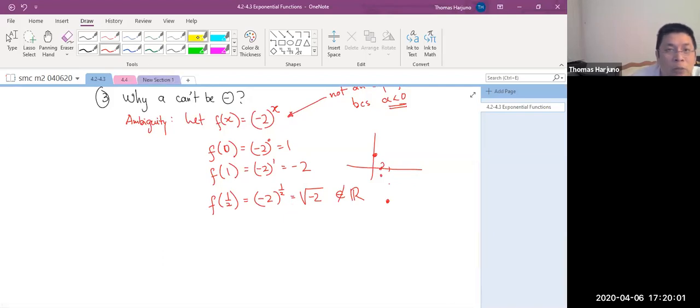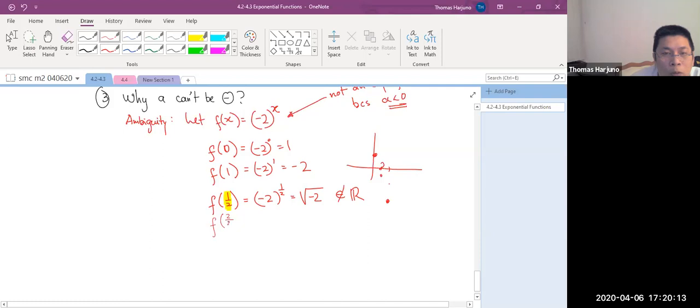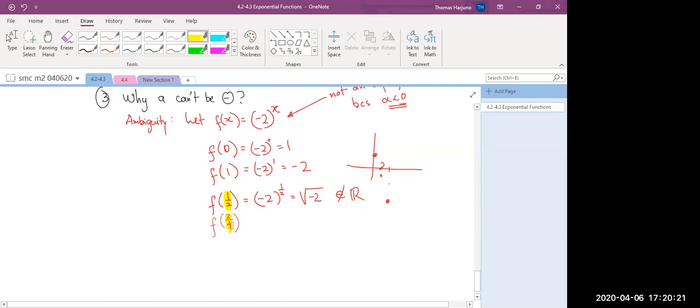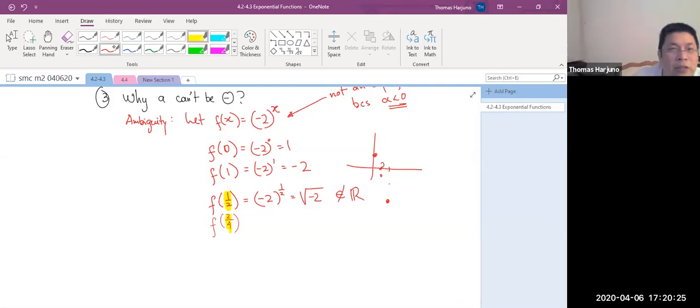Another reason, which is actually the better reason, is the following. Imagine if I rewrite that 1/2 as 2/4. Now 1/2 and 2/4 are the same value, right? So the output is supposed to be the same. Strangely, that's not the case here.